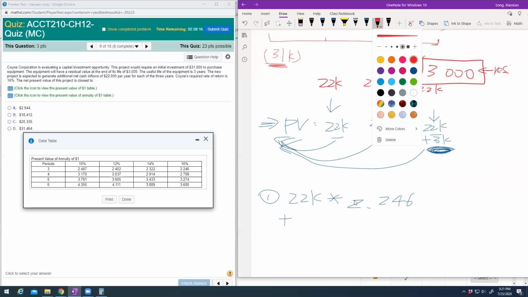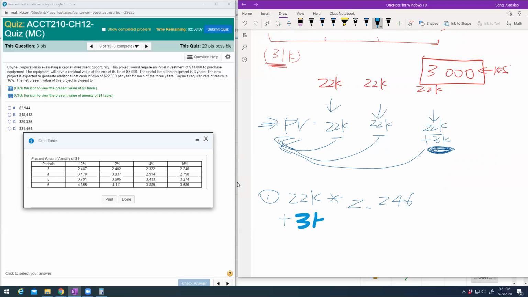Very important. A lot of students make a mistake here. How do they make a mistake here? They still put the 3,000 times the 2.246. Is that right? No. This is not right, because that 3,000 is just one time.